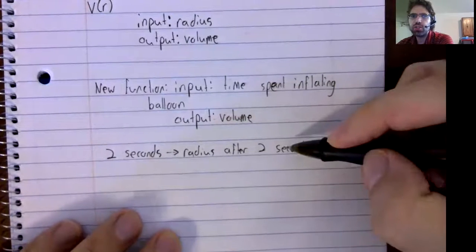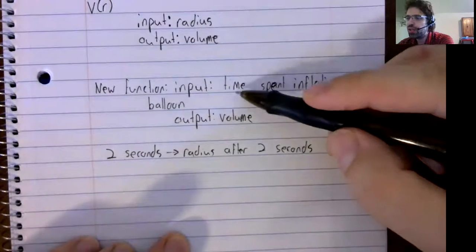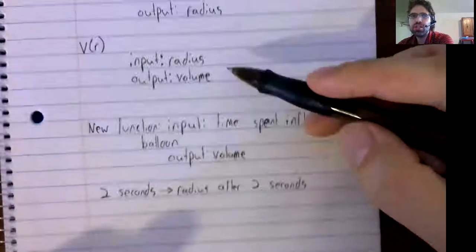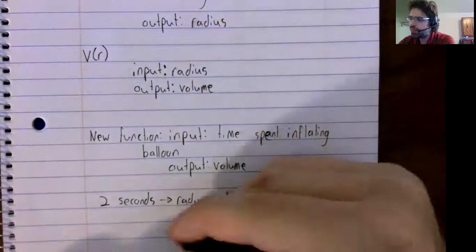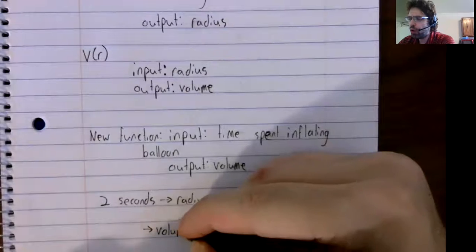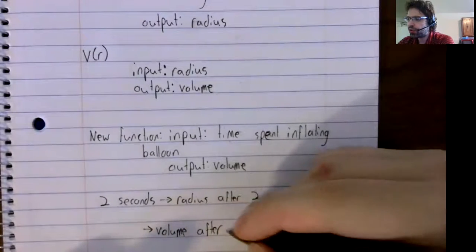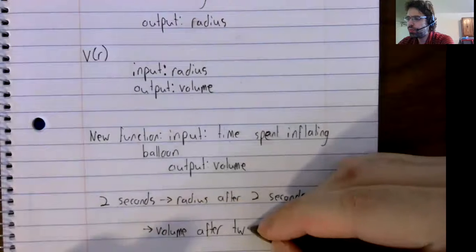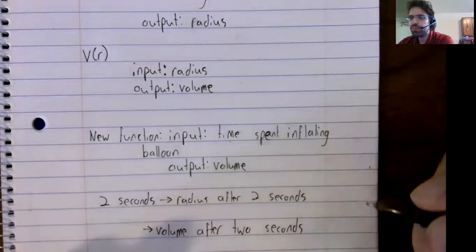And once you know the radius after 2 seconds, you can use the second function to find the volume after 2 seconds.